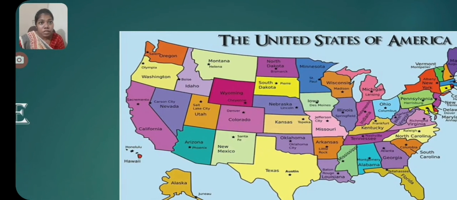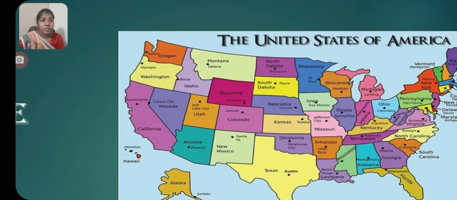For example, we could see Montana, North Dakota, Salt Lake City, Colorado, Oklahoma, New Mexico, Ohio, North Carolina, Florida, and so many places like this.